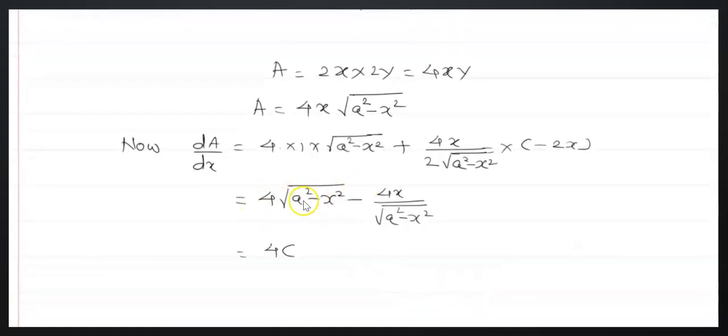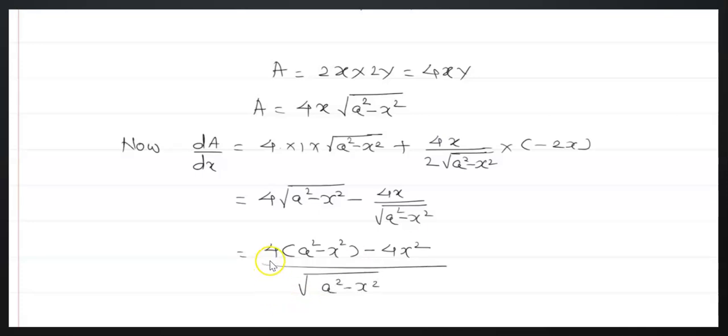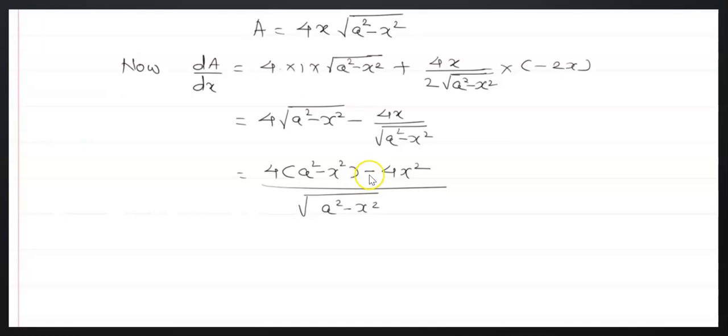Therefore, 4 root of a square minus x square minus 4x square upon root of a square minus x square. If you simplify this, you will get 4a square minus 8x square upon root of a square minus x square. This is dA upon dx.